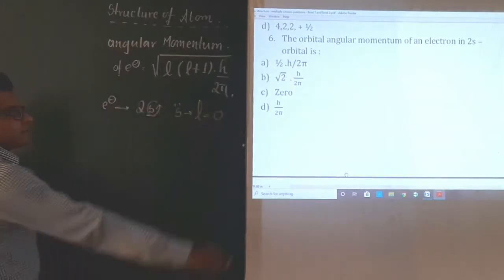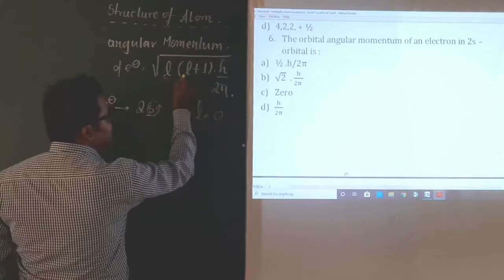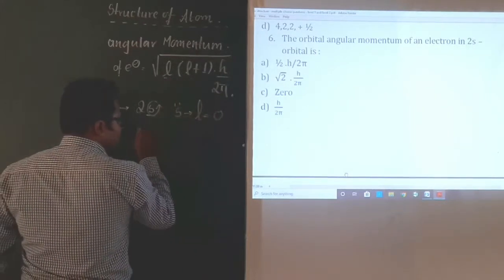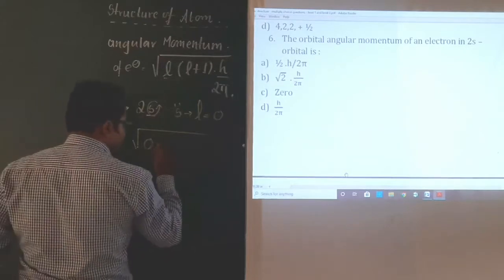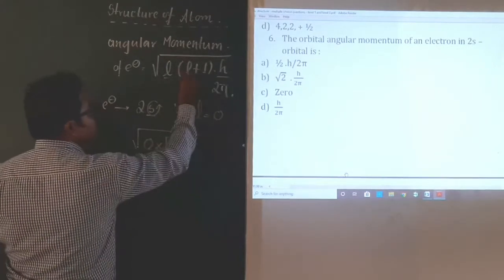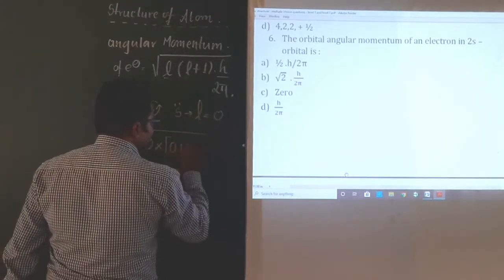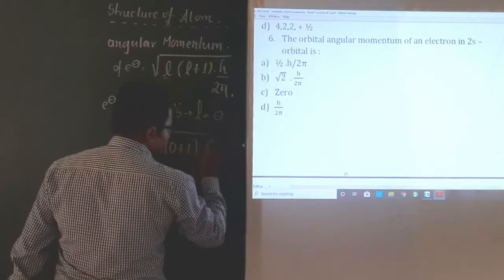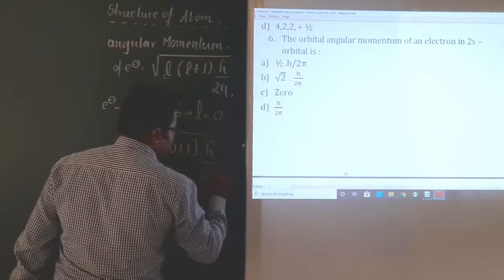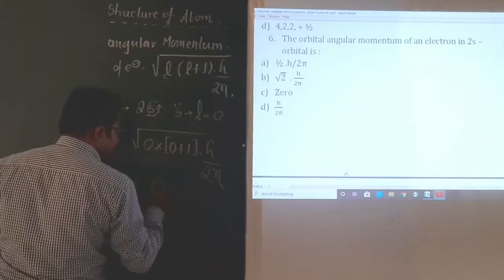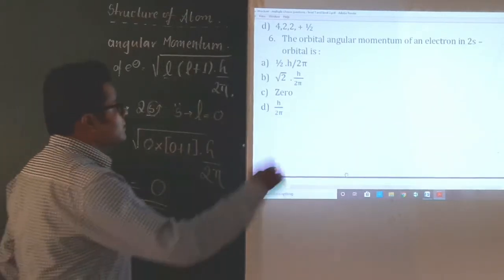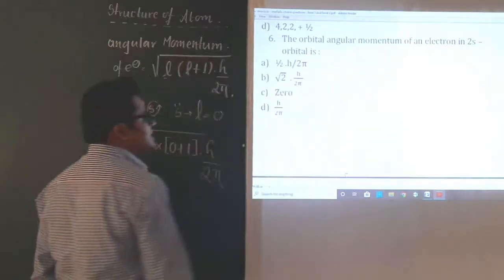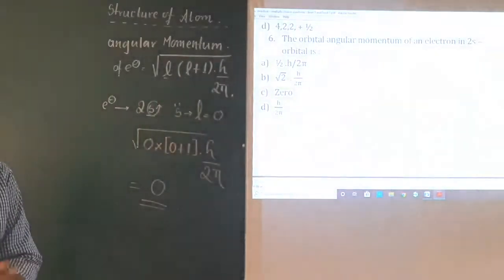Direct answer. So substituting the value of 0 over here, we are going to have 0 into, this is a multiplication, into 0 plus 1 into h over 2 pi. So the complete answer is going to be 0, right? So for the sixth one, the answer is C, 0.